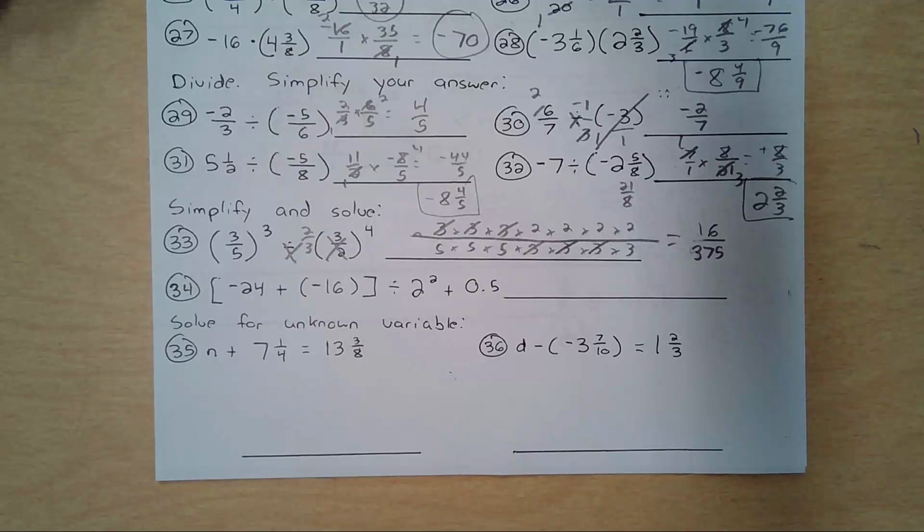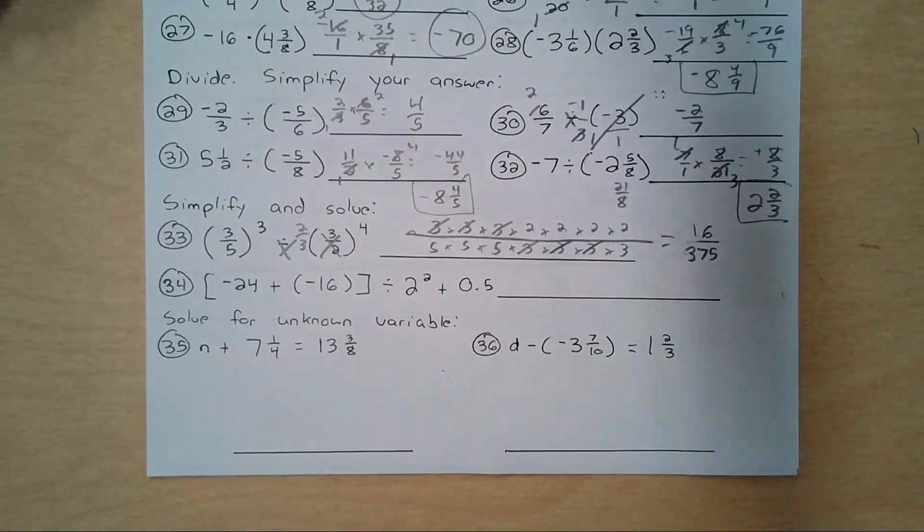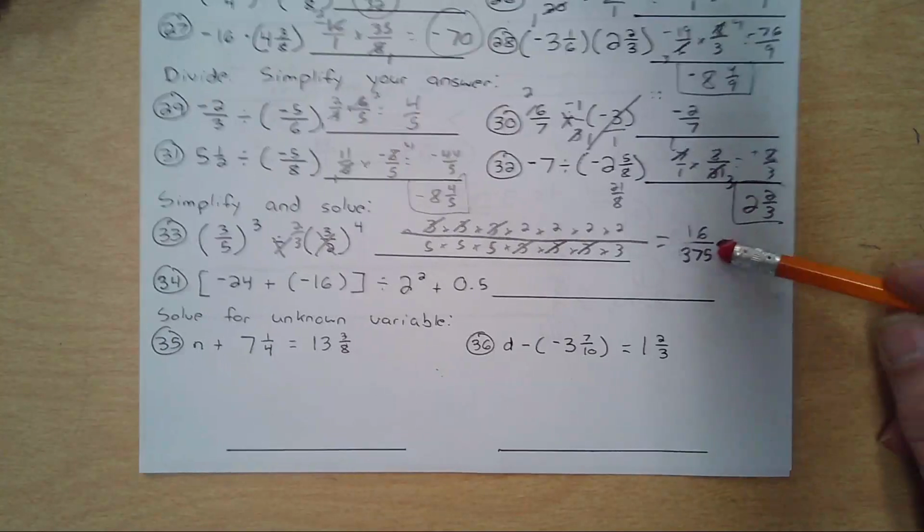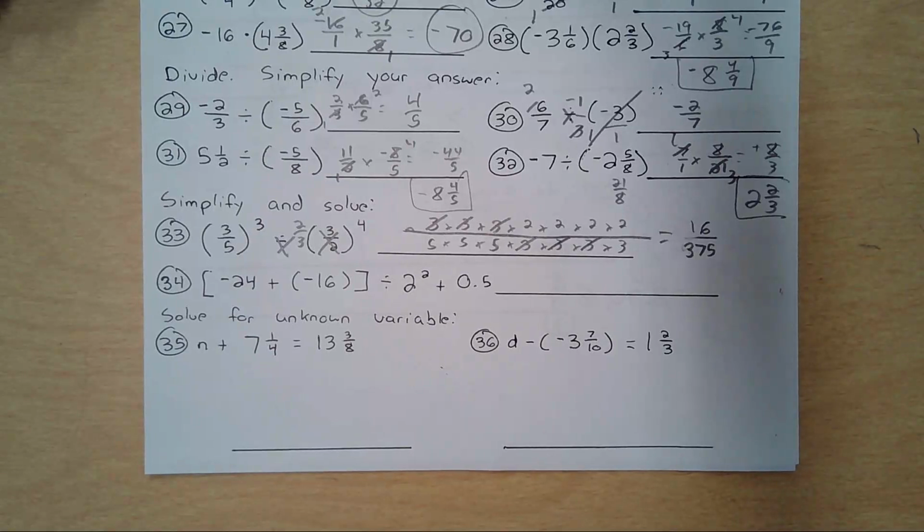The best cross simplifier is 27 and 81: 1 and 3, 1/3. You can solve this other ways, I'm not disputing that, but I bet this way was faster and easier. If you got 16 over 375, then I love how you solved it.